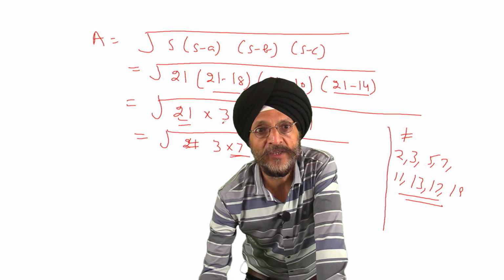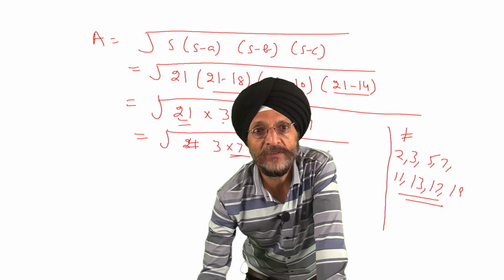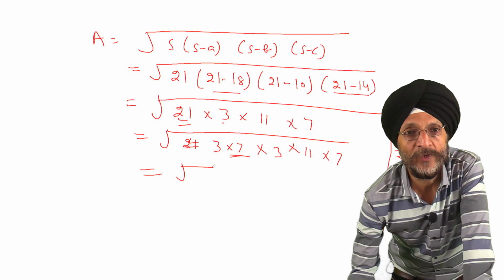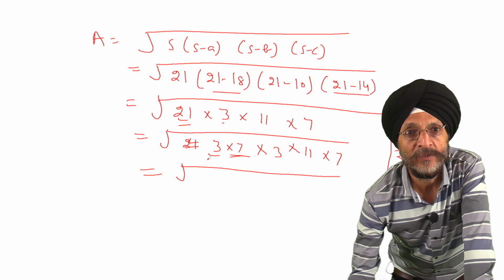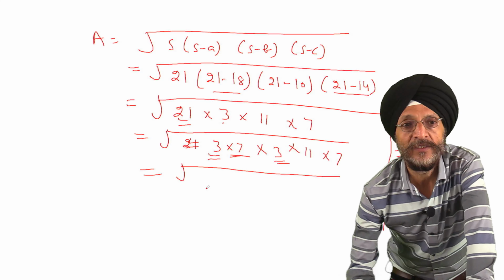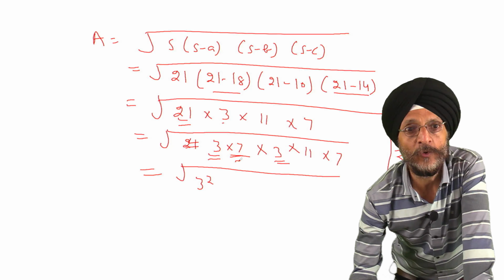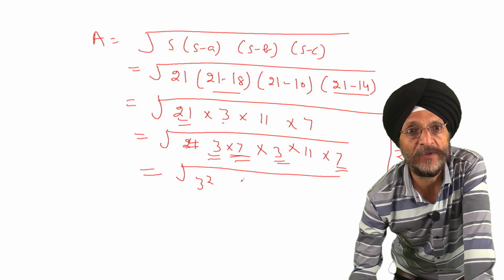Then this is 3, this is 11, this is 7. So here we have found these are a pair. It has become a pair. Now here 7 has become a pair.